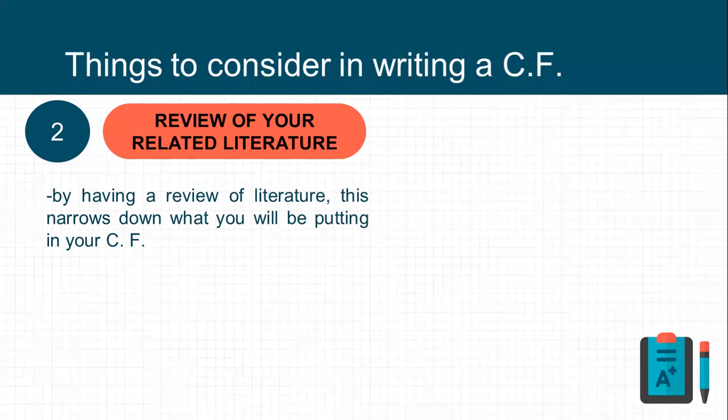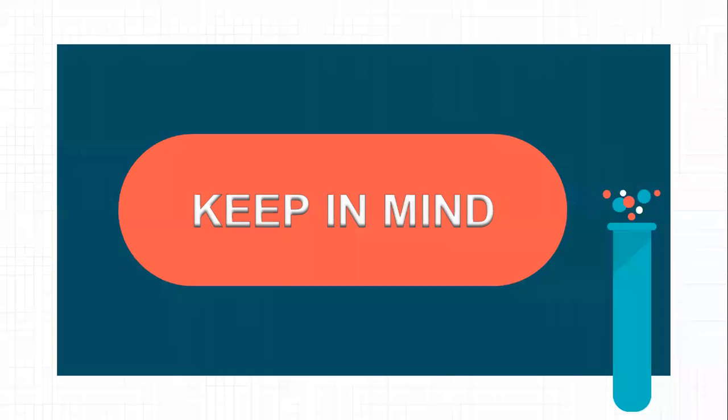By having a review of literature, this narrows down what you will be putting in your CF. Again, always keep in mind that you do not just create a CF out of nowhere.